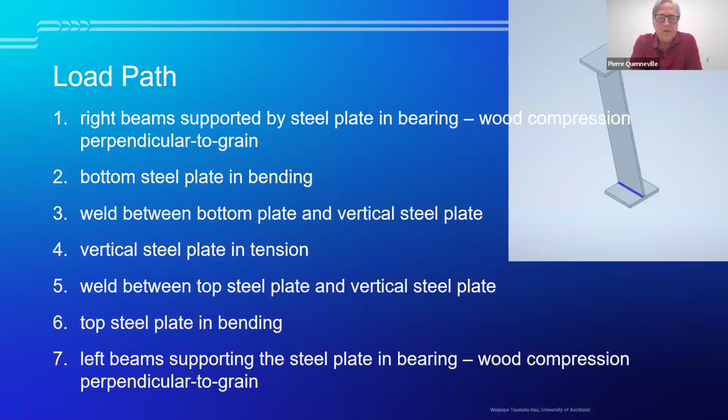And the load paths, when we have to design this connection, involve 7 different steps. So we have first the right beam supported by the steel plate and bearing, and that involves wood compression perpendicular to grain.